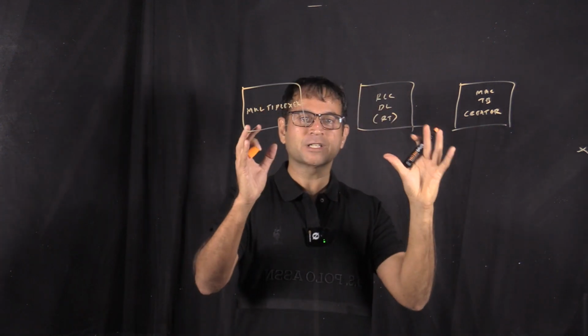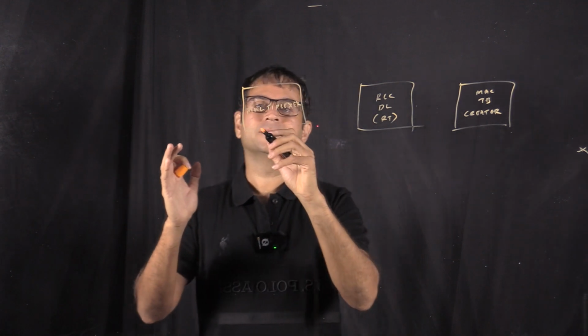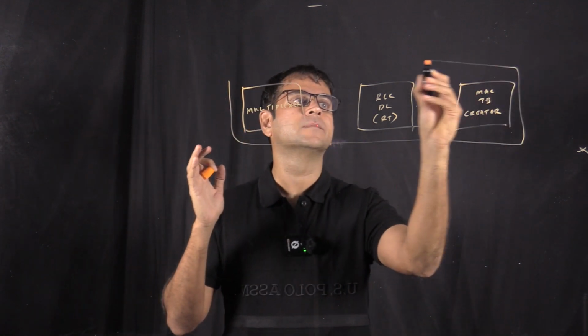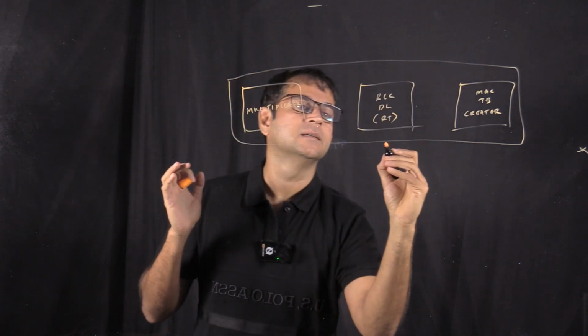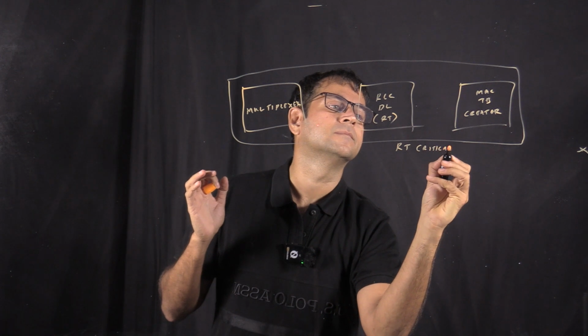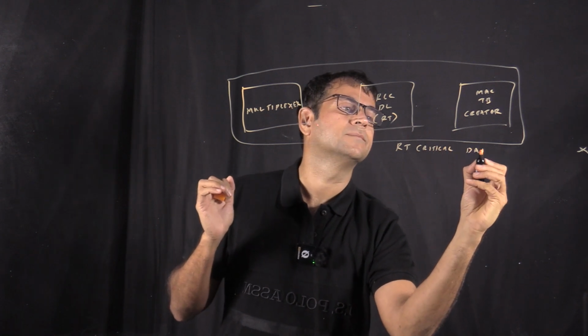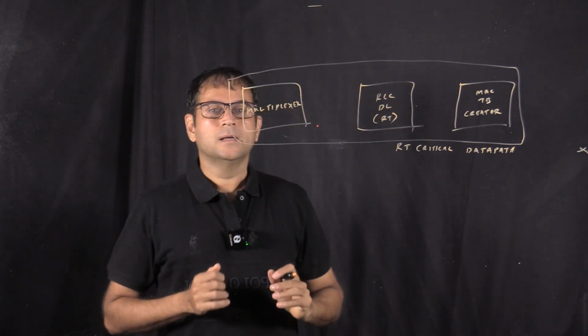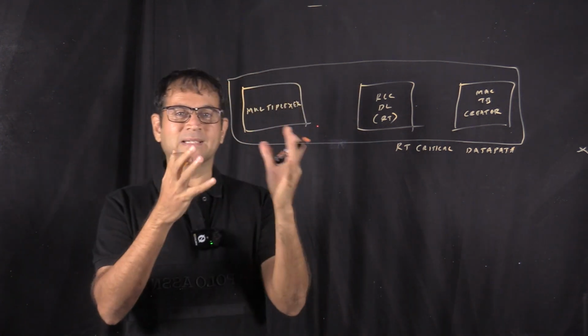So 3 different functional blocks, and we can even look at it as one whole, the real-time critical data path. Right? So what happens here?